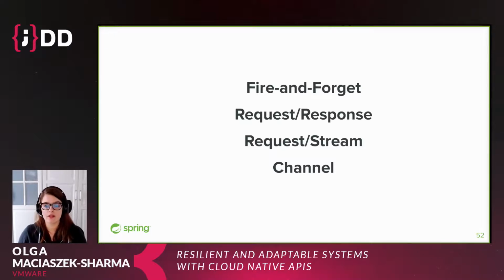So we also have fire and forget, where we just send something and do not care about a response. Then we have, of course, the traditional request and response. But we can also have a request with a stream response, where we expect to get a stream of elements or events in our response and not just one. And then we also have the bidirectional channel, where both parties can communicate in whichever order they like.